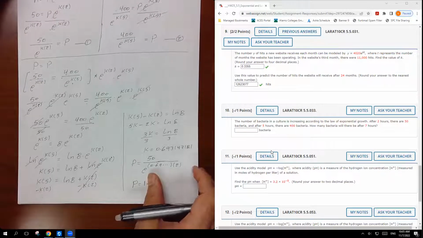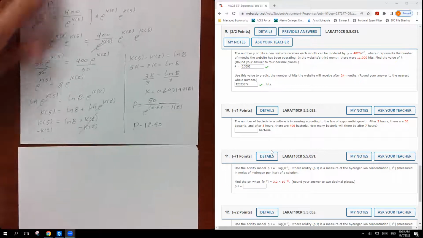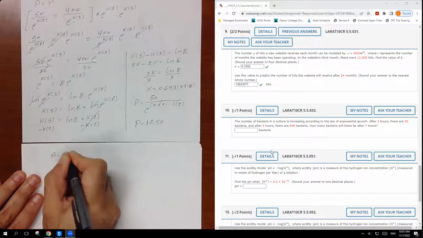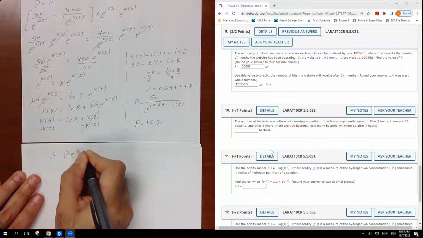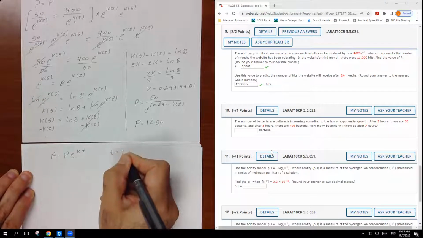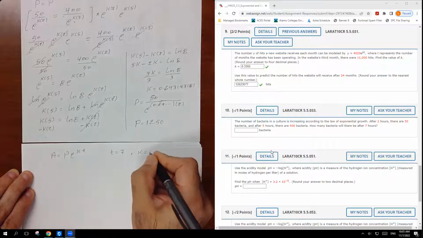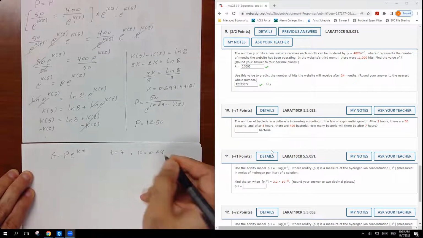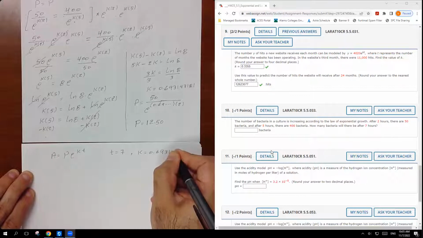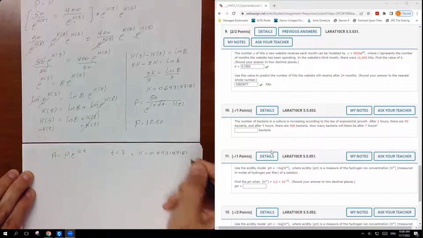That means we're going to keep going. We're just going to say A equals P e to the K T. 7 hours, that means time equals 7, and we have the value of K, which is 0.693147181.